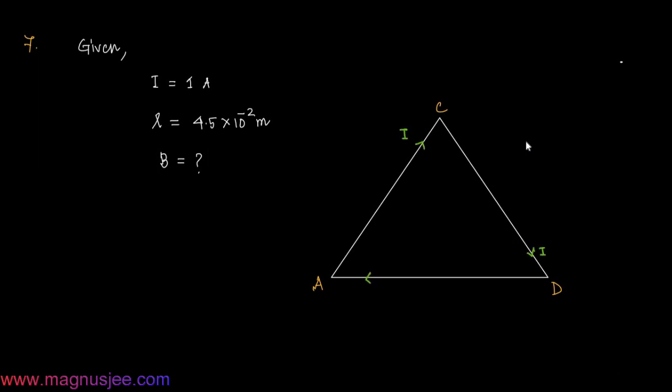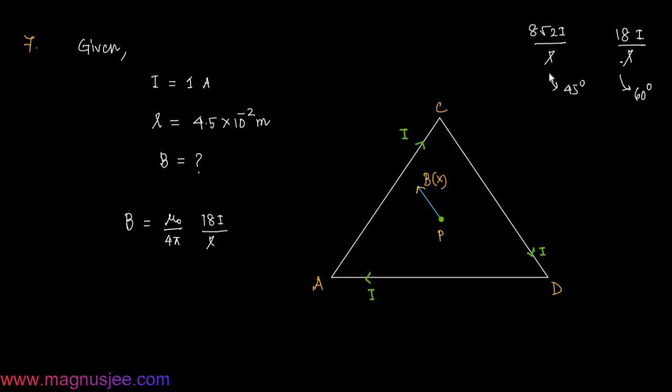An electric current I flows clockwise through the triangular coil ACD, and we consider the centroid of the triangular coil. P is the centroid and magnetic field induction B acts at the center P inwards, and B equal to mu 0 by 4 pi 18 I by L, that is the magnetic flux density at the centroid of the triangular coil.